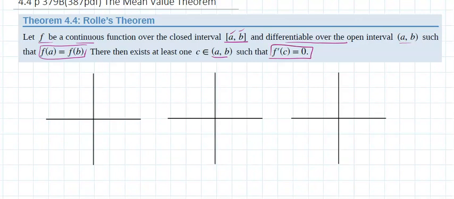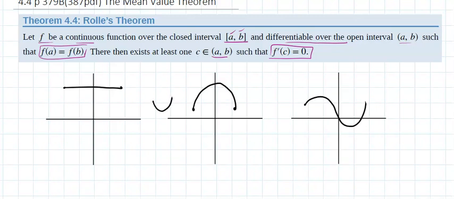And let me elaborate. If you take this to be f of x, or if you take this to be f of x, or if you take this to be f of x. Of course, it could be this or it could be upside down.